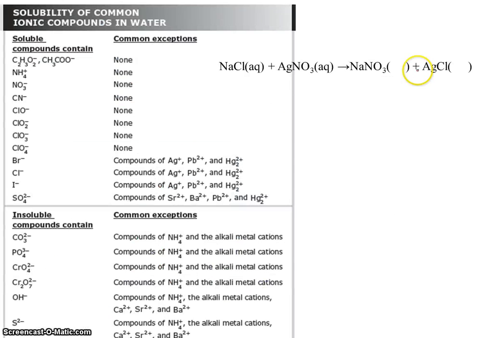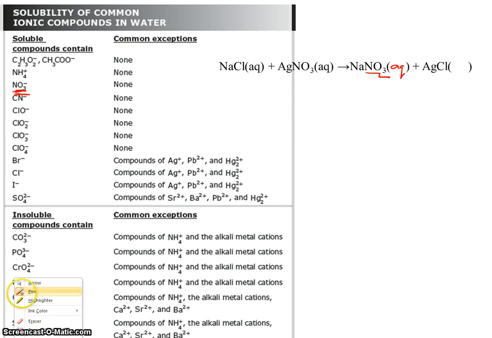So here are those two same reactions, and we're going to see how we could have known that without having the chemicals to work with. First thing we would do is look up this compound, and we always look it up by the anion, nitrate. Here's nitrate. It's in the soluble section. So if this reaction happens in water, and this is a soluble anion, no exceptions, then this compound would stay dissolved in water. So then we look up the next one.